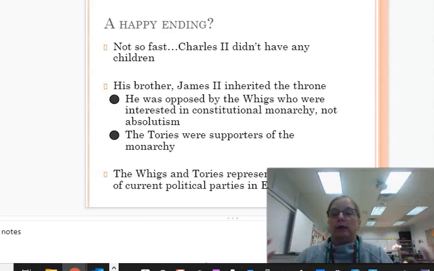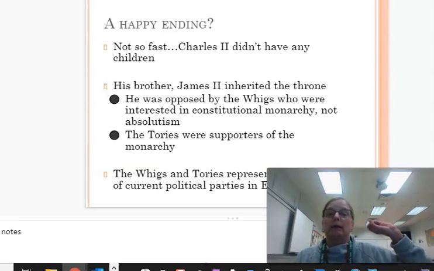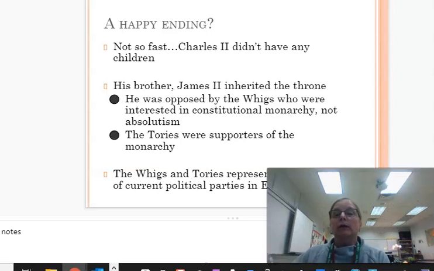Well, this is where you get the Whig and Tory parties forming. The Whigs are not supporting James II. They oppose him and they want to put a constitutional monarchy and will make it Mary. The Tories are going to support James and say, the king, we have enough protections, we can move forward.